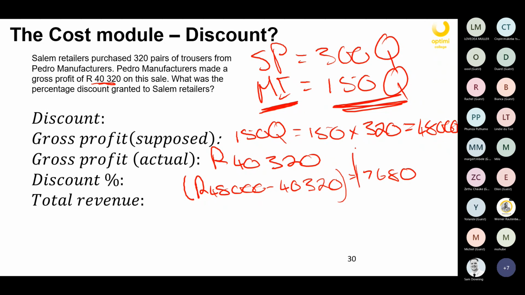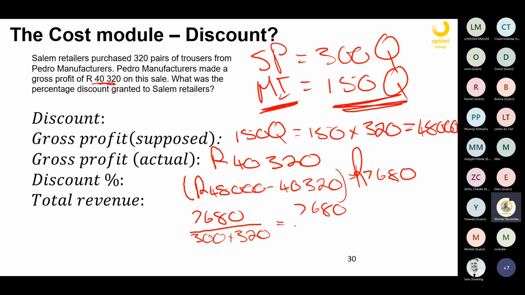Are you with me? Yes, I'm there. Then 7,680 divided by the total selling price, which is 300 times 320, so it's 7,680 divided by 96,000 times 100 equals 8%.